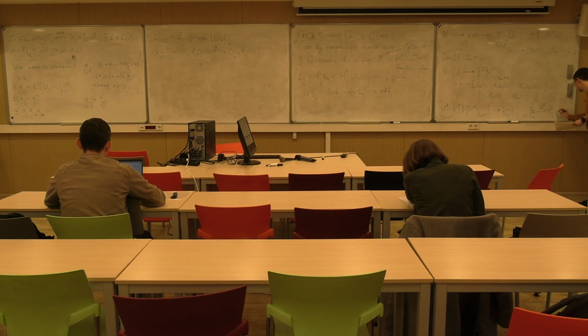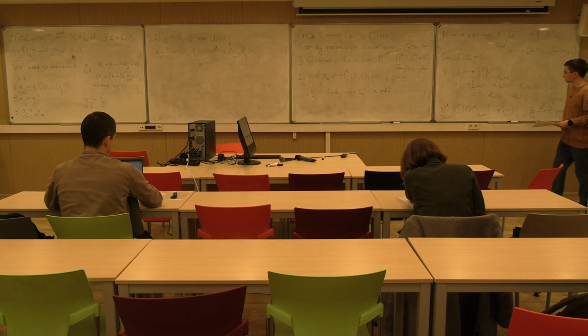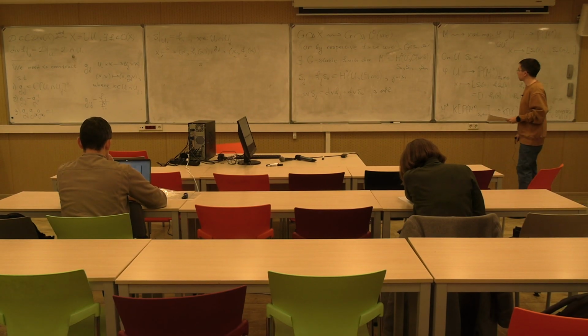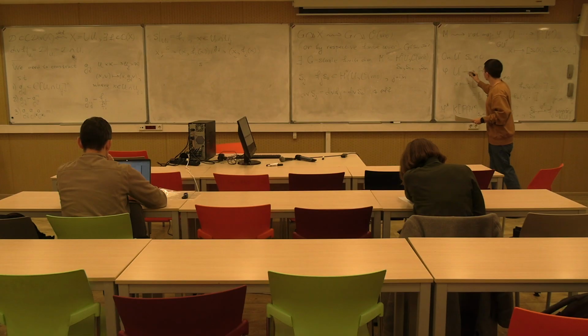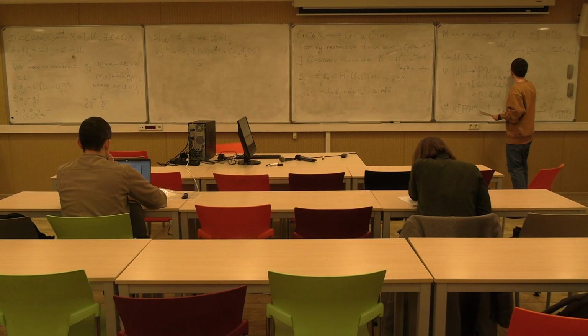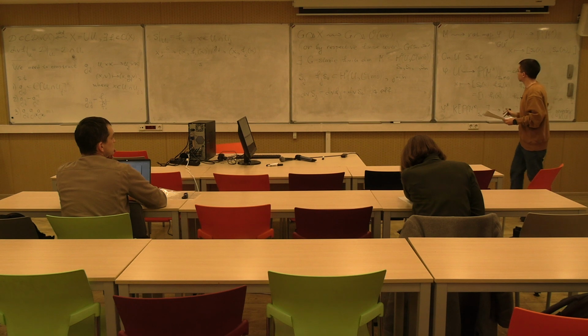And this generates this ring. So this map is surjective, and therefore this map is a closed embedding. Okay, it was about U prime.